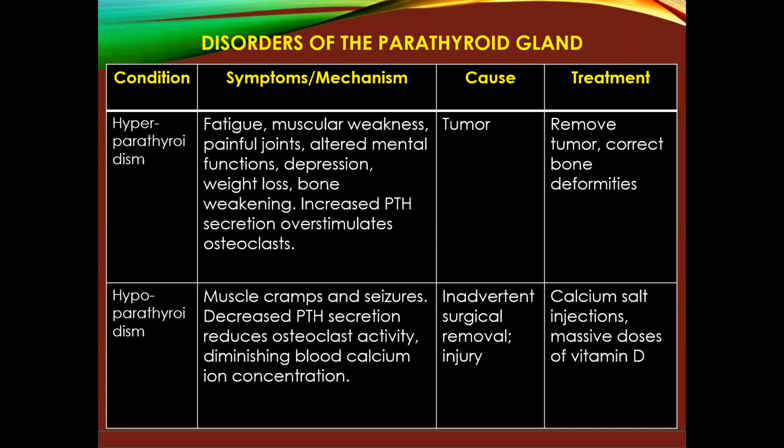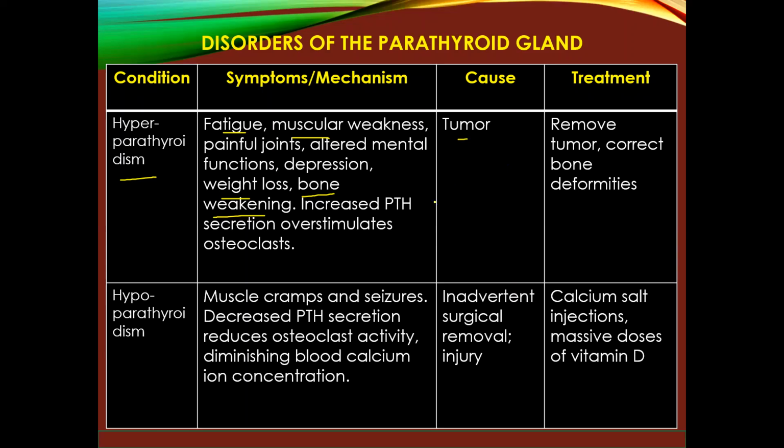Now the disorders. If it is hypersecretion, it means too much production of PTH, then as I mentioned before, it might cause the bones to become fragile, very weak, some weight loss, fatigue, muscular weakness.